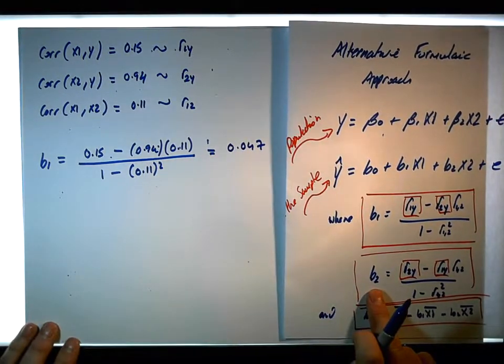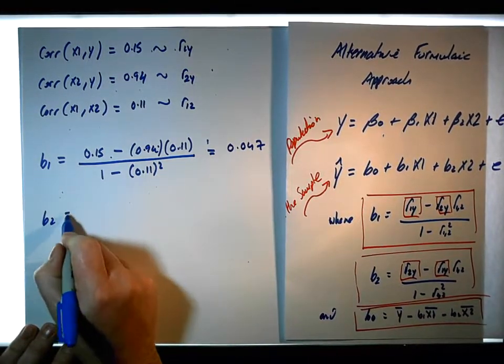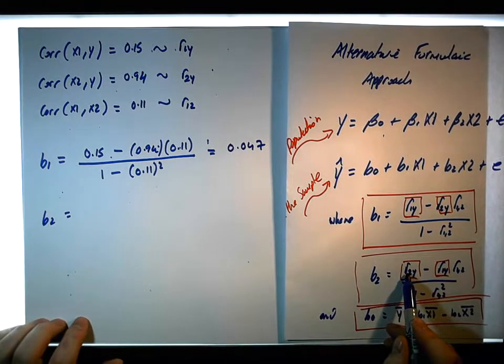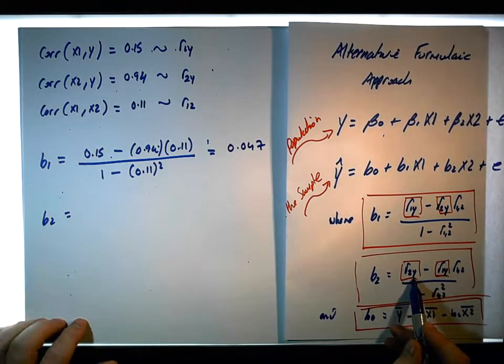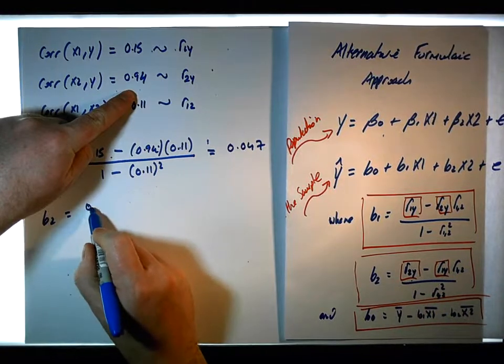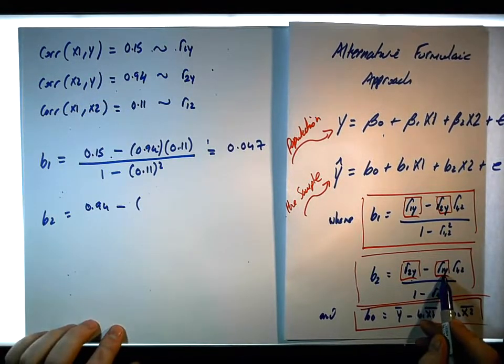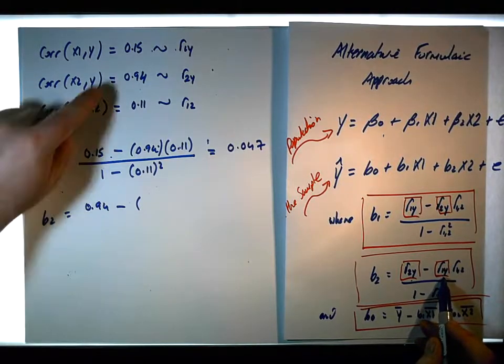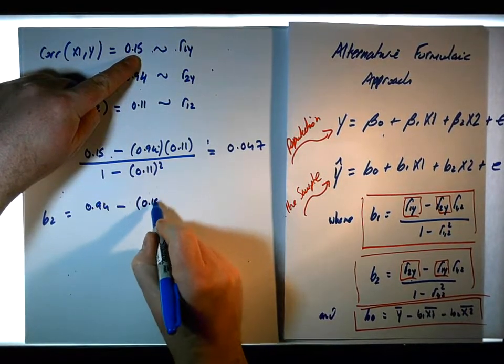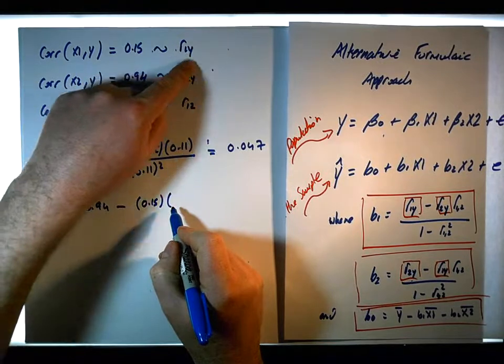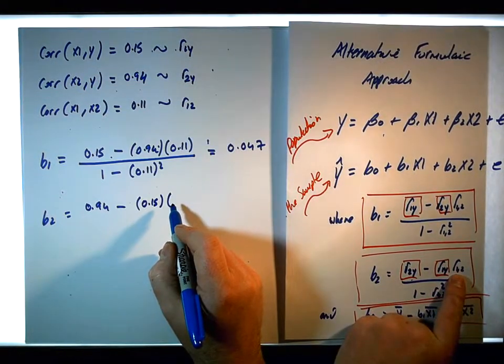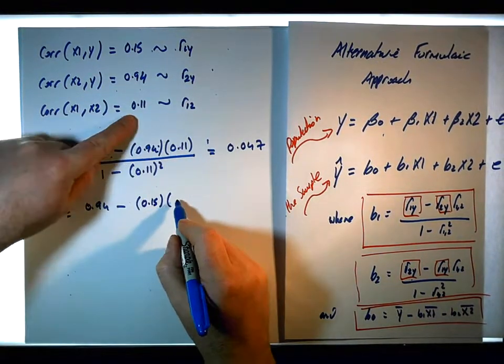The second coefficient, B2, is the correlation between the second independent variable and the dependent variable, 0.94, minus the correlation between the first independent variable and the dependent variable, 0.15, times the correlation between 1 and 2, which is 0.11.